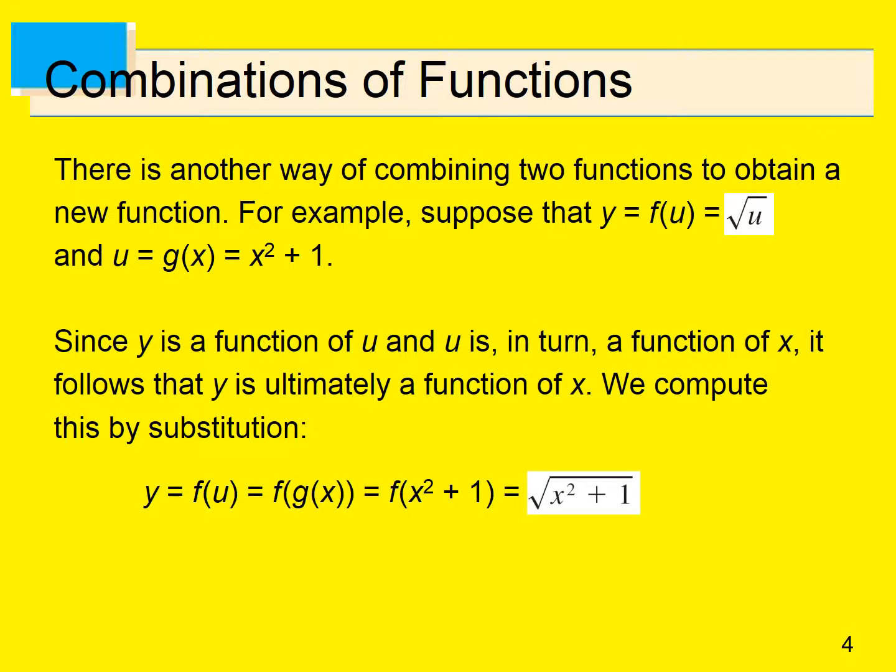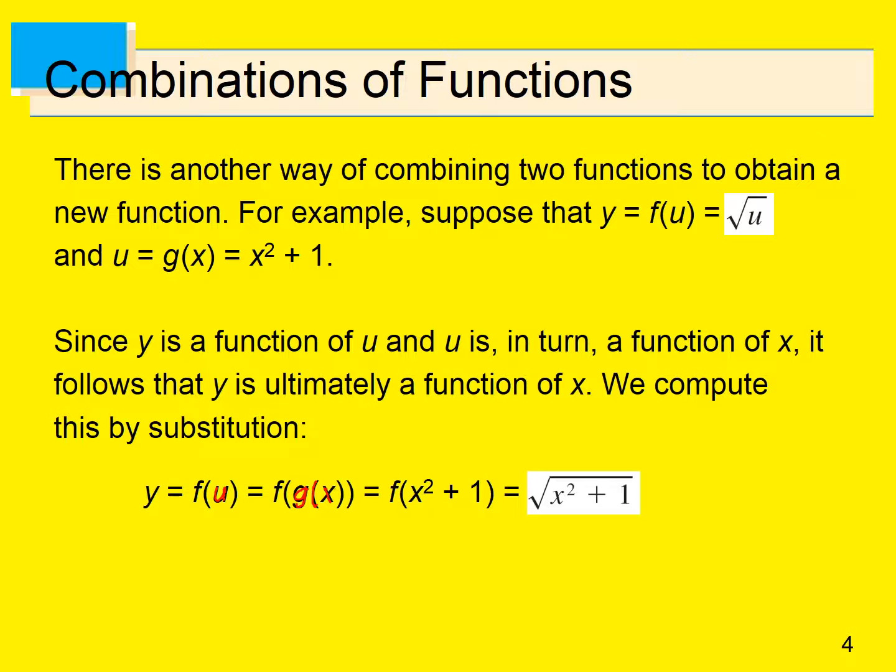Since y is a function of u and u is a function of x, y is a function of x. And so we can compute this by substitution. y equals f of u, but what is u? u is the same thing as g of x, and so g of x can be substituted for u, and we indeed do that.